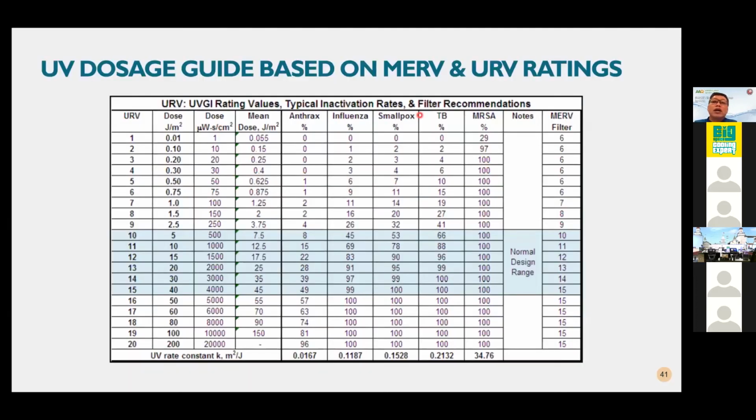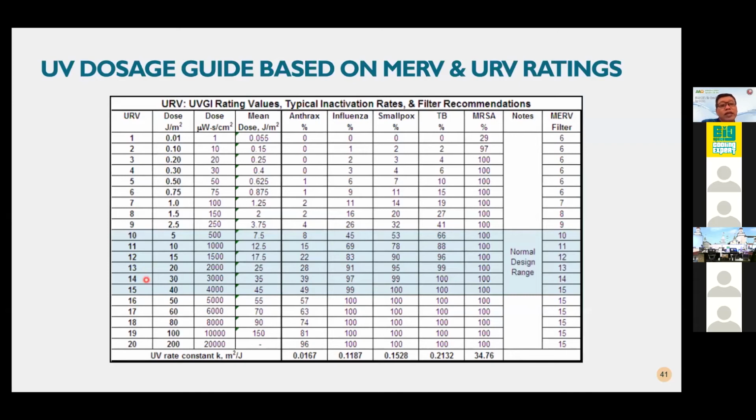Now we're talking about filters. Filters we base on MERV. UV we base on URV, ultraviolet reporting value. So the normal design recommendation requires UV to work together with a filter. Inactivation rate, UV with filter. If you look at URV 10 or maybe 13, we go to a higher standard.